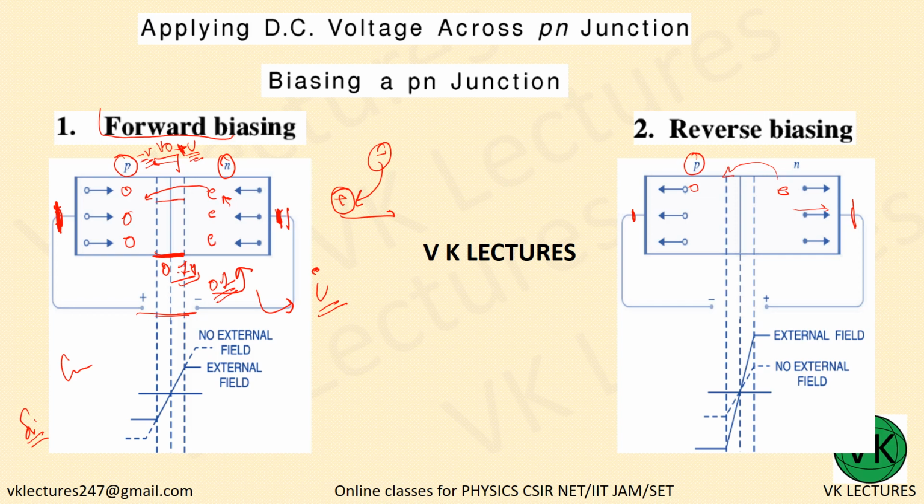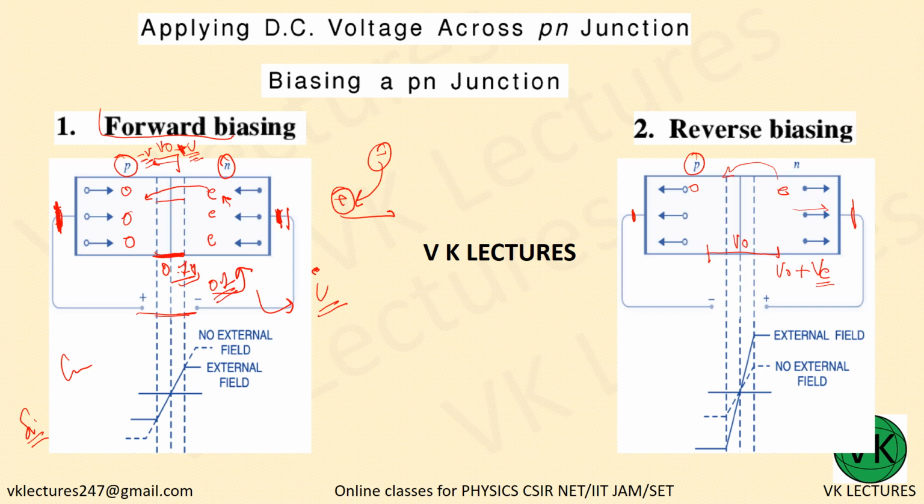That means it is increasing the barrier potential. Earlier V0 was the barrier potential. Since more potential is being added to the same side, V0 will increase. V0 plus whatever external voltage we are giving, V external, it will increase. Electrons will be in the opposite direction and it will not move further.